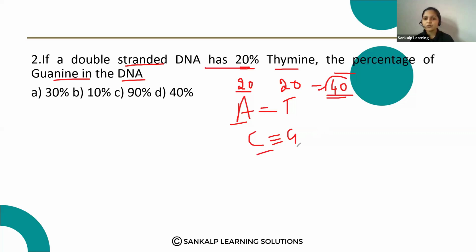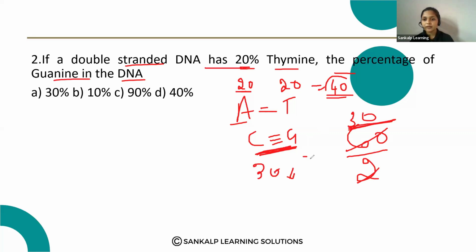So cytosine and guanine are the same. 60 divided by 2 is 30. So cytosine is 30% and guanine is 30%, total 100%, right? They asked the percentage of guanine, that is 30%.